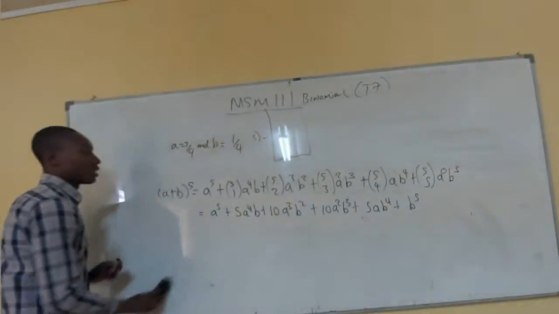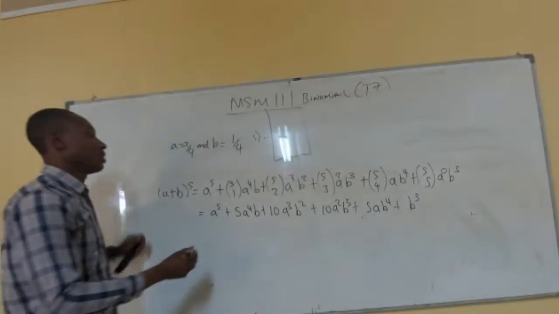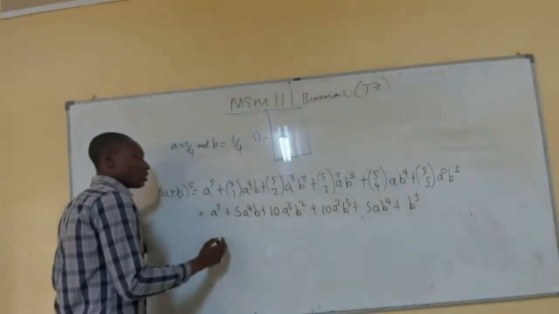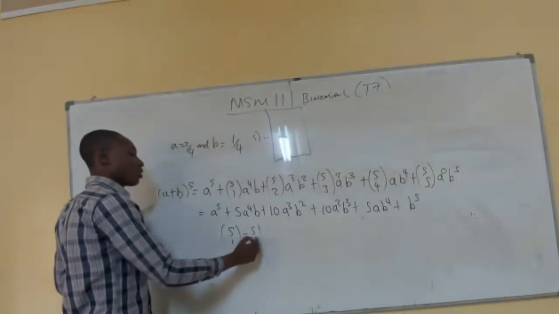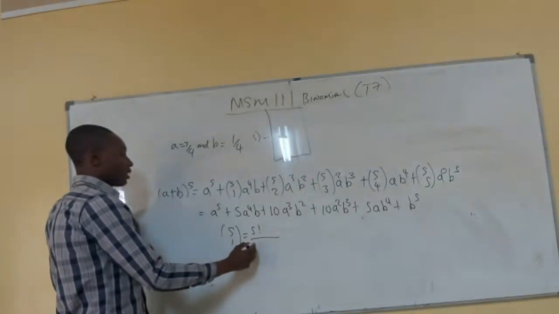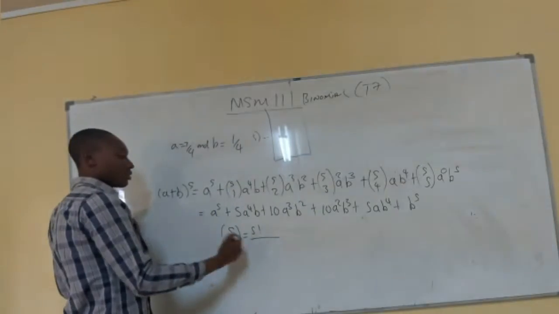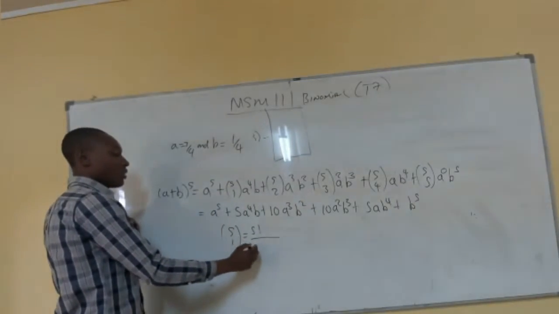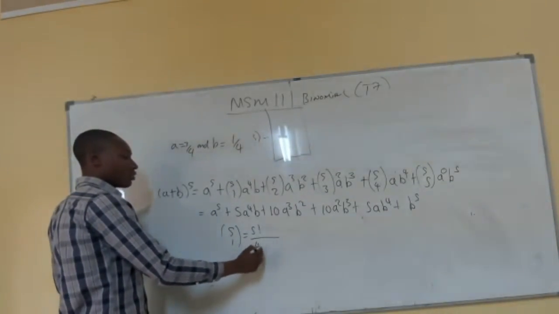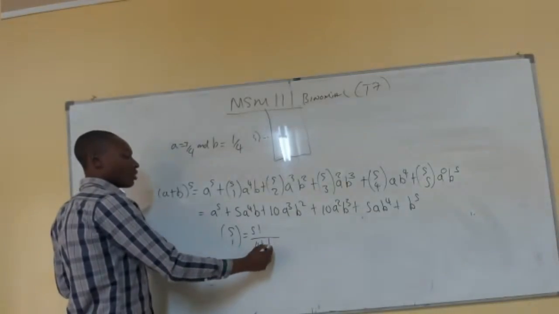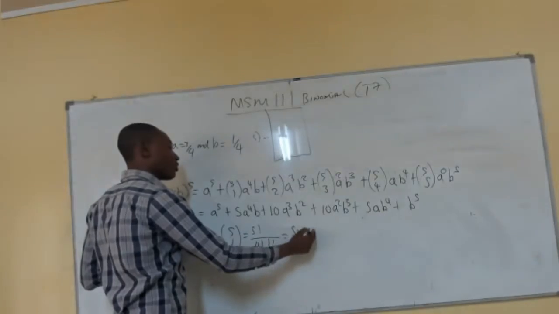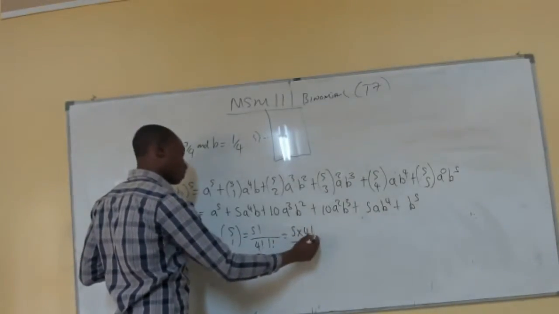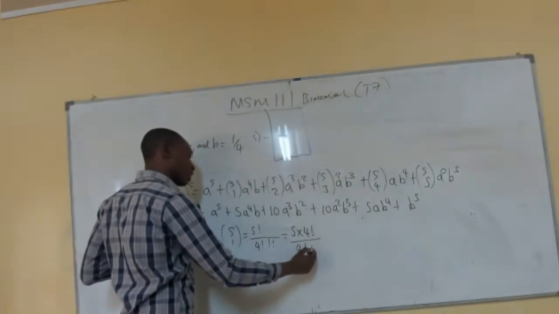In short, let's find them. 5 choose 1 is the same as 5 factorial over (5 minus 1) factorial, which is 4 factorial, then 1 factorial. Remember the general formula. This is the same as 5 times 4 factorial over 4 factorial times 1.